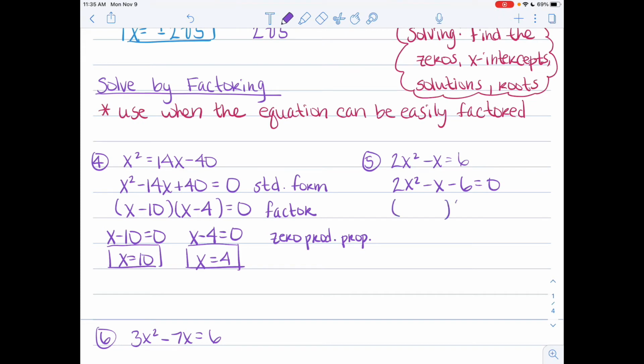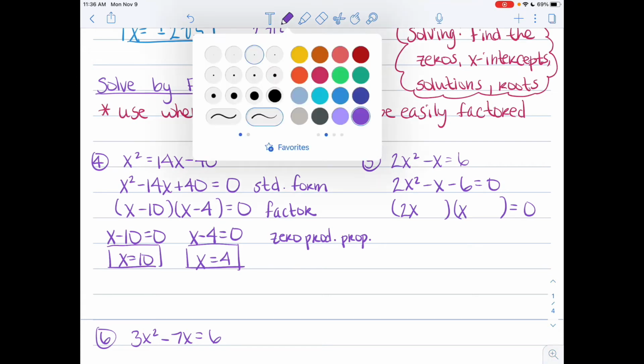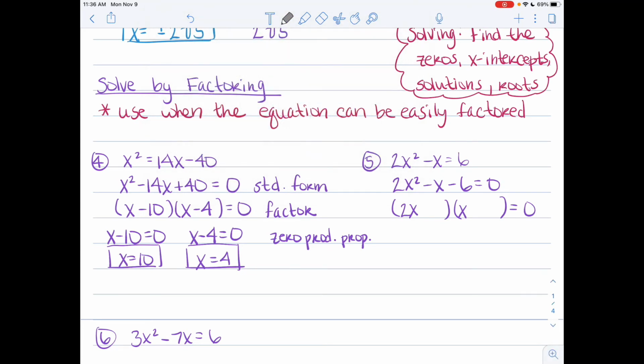Now factoring, I need two things that multiply in the front to be a 2x squared. So that's going to be a 2x and an x. In the back, I am going to have to do some guess and check. And as I run through factors of 6, I have 1 and 6, 2 and 3.